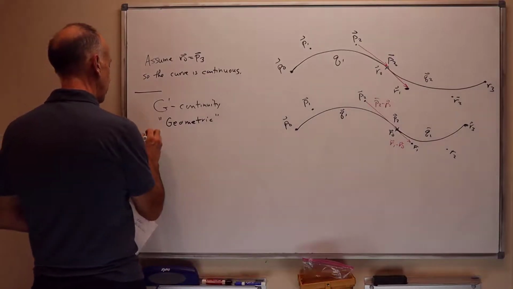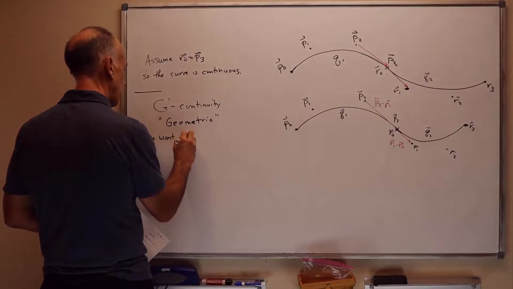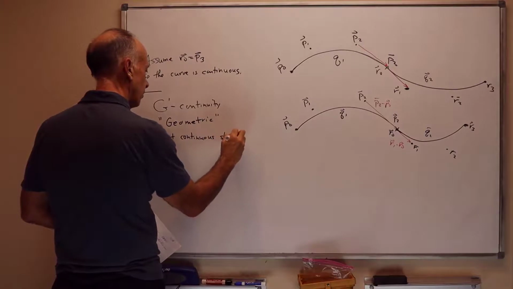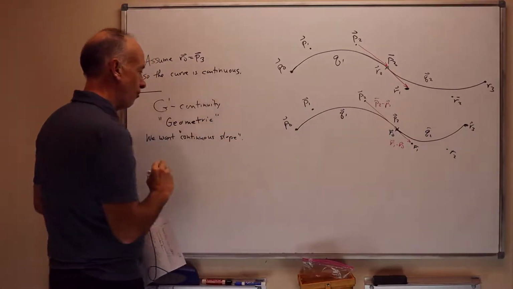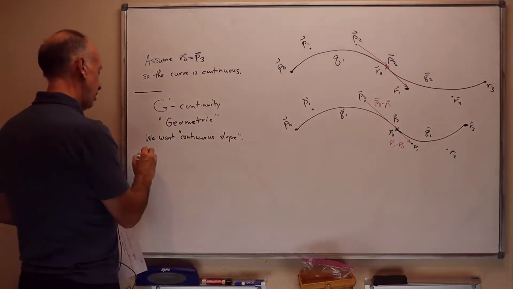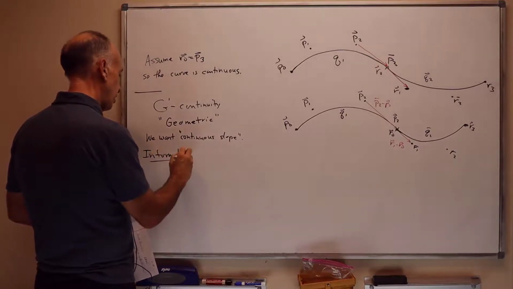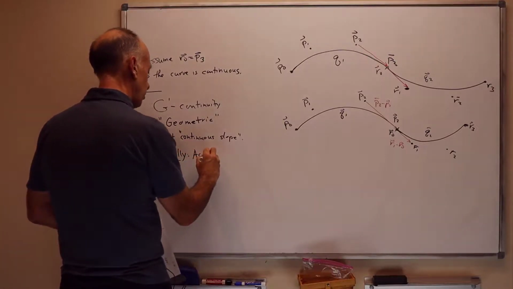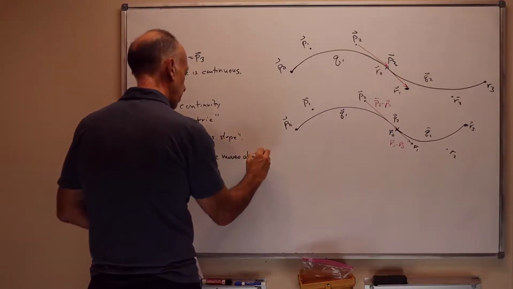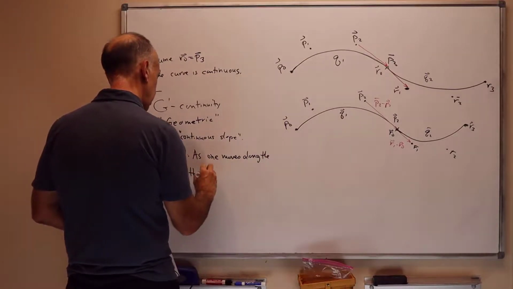So here we want to have continuous slope, which I don't want to give a formal definition of. In fact, this isn't really quite the right way to put it. But what we mean by this informally is that as one moves along the curve, the slope is continuous.